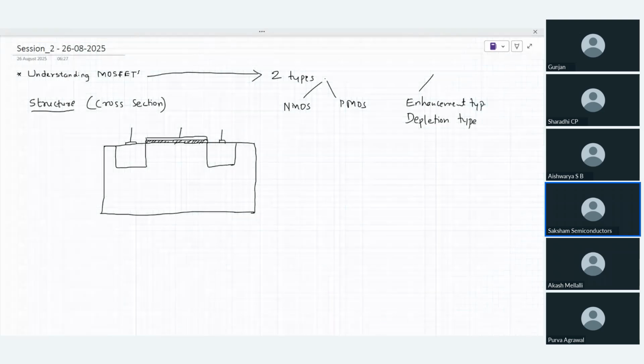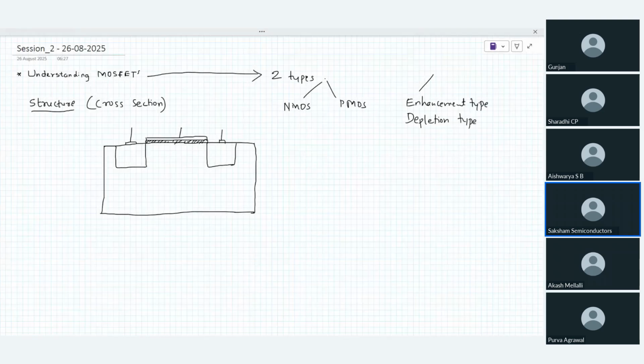Now, how do I identify all those things, which are more important, and why are these named that way? Let's try to understand along with some simple working. That would be the entire objective of this session. I'm not going to drag it for a longer duration, like 2 to 3 sessions. It will be a quick recap because we should all be aware of these things by now.